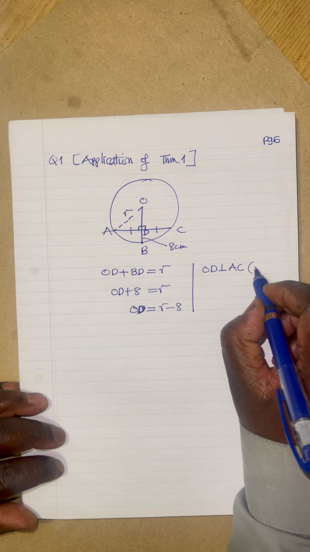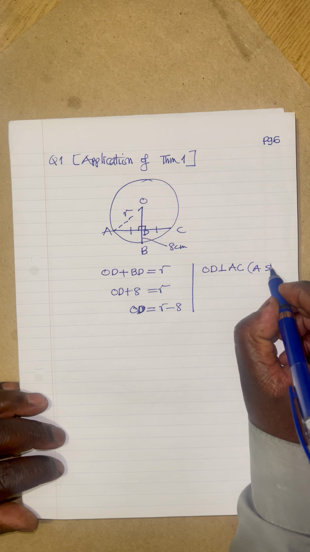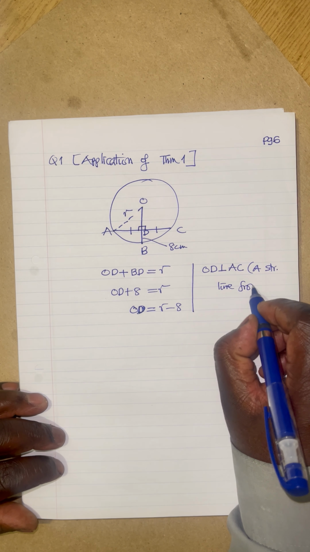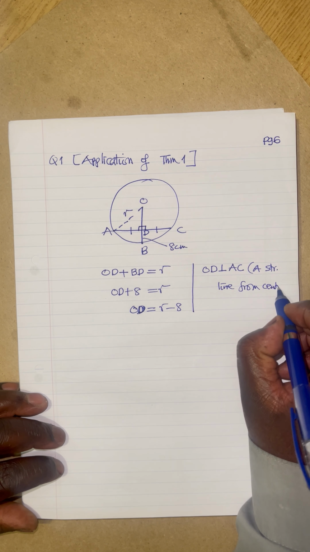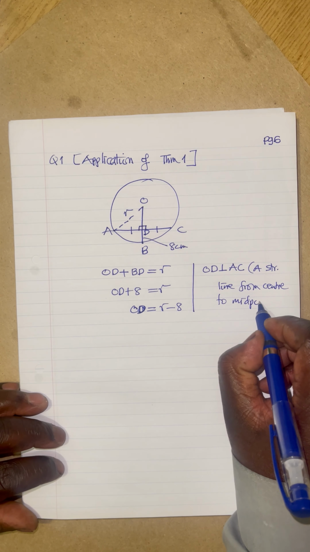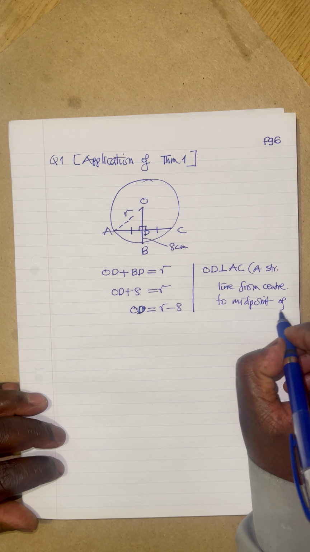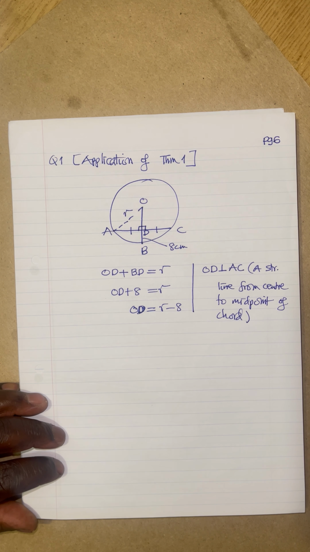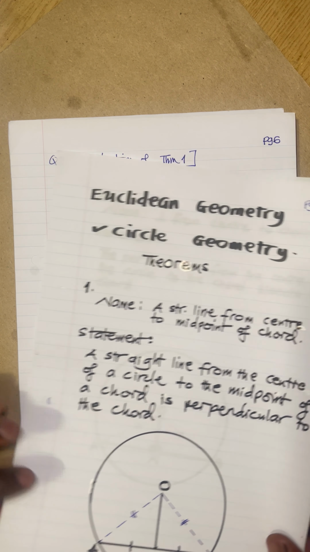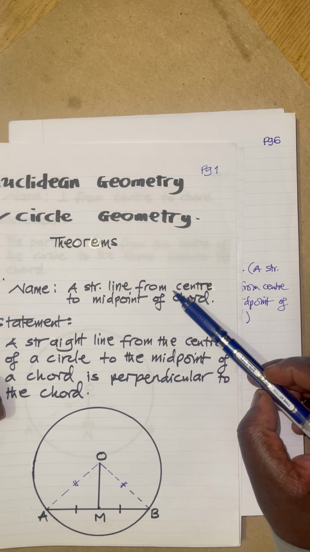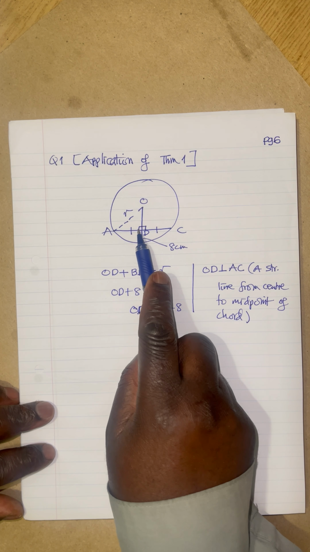Reason for that is a straight line from center to midpoint of chord. That's the reason for that statement. Check this out, theorem number 1. There it is. A straight line from center to midpoint of chord. That's the reason why we're saying this angle should be 90 degrees.